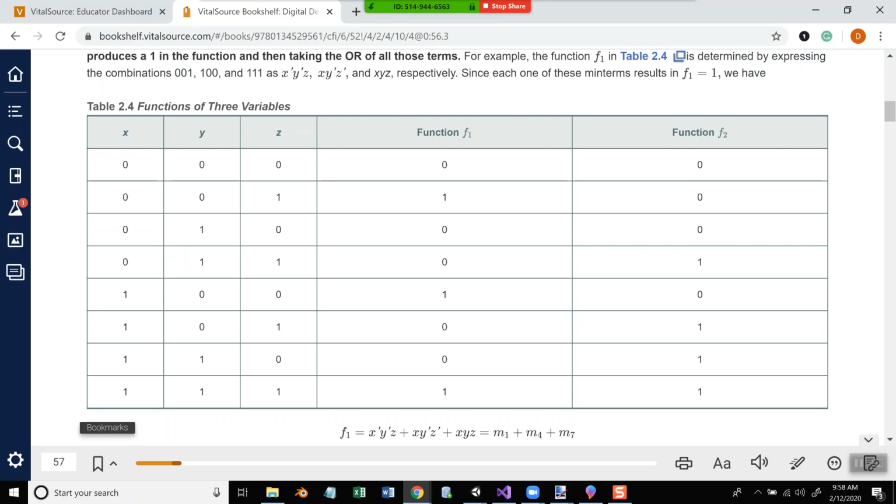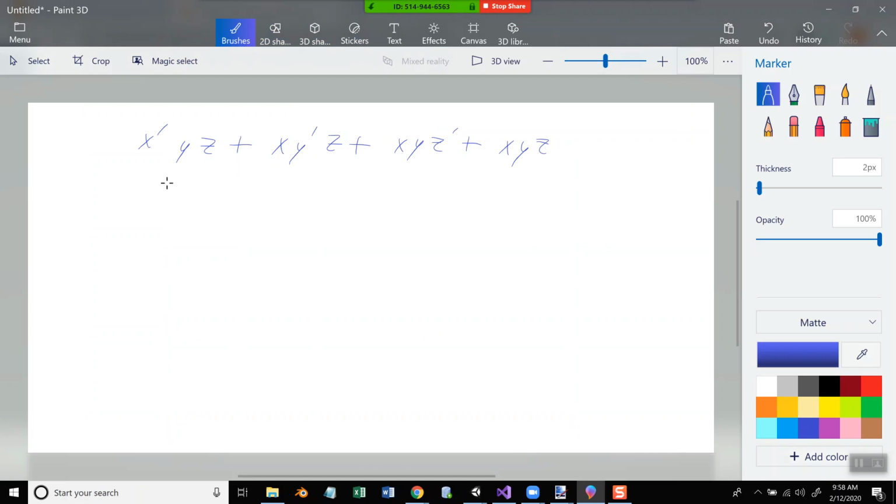I think there's just 4 1s, right? Yeah, 4. Okay, so if I think of what this represents in terms of min terms, again, the primes are zeros. So this says 0, 1, 1. This one says 1, 0, 1, 1, 1, 0, 1, 1, 1.